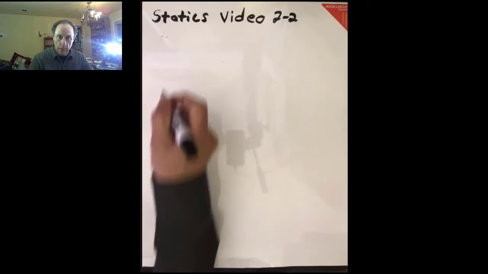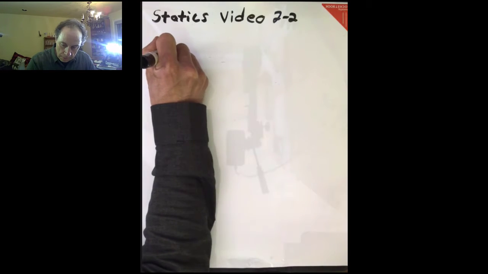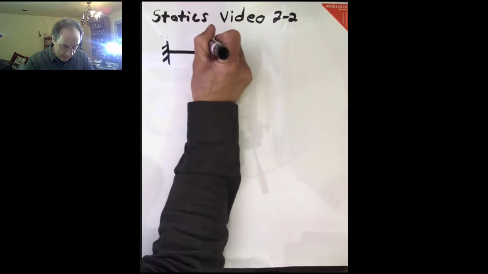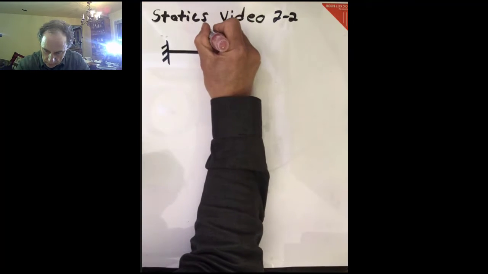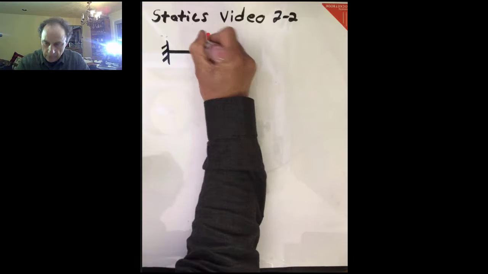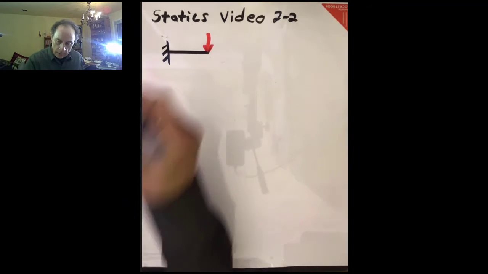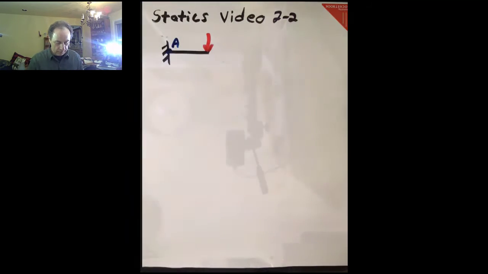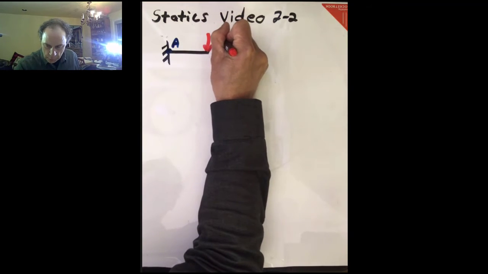So last time we talked about having a diving board or some beam and a force acting on it, and how that created a moment or a torque around some point A. So let's call this force F, but let's change the geometry a little bit.